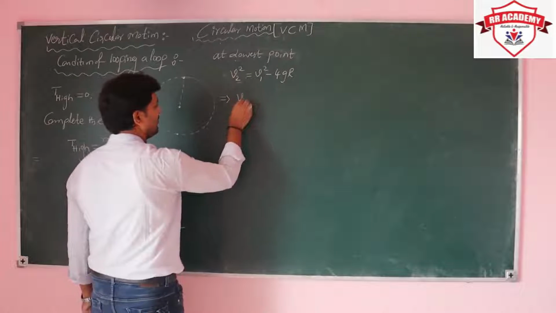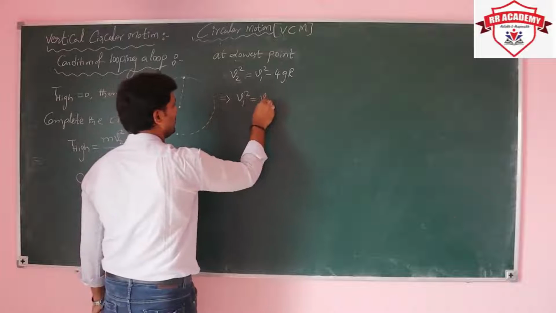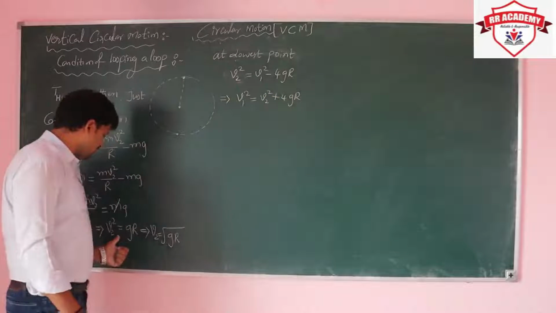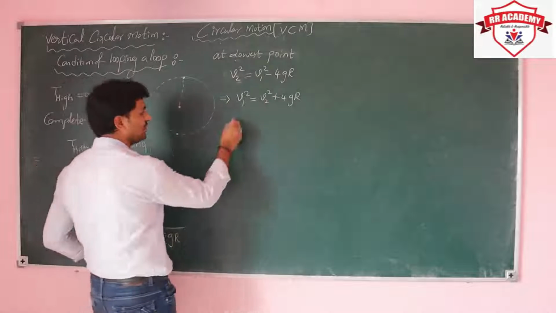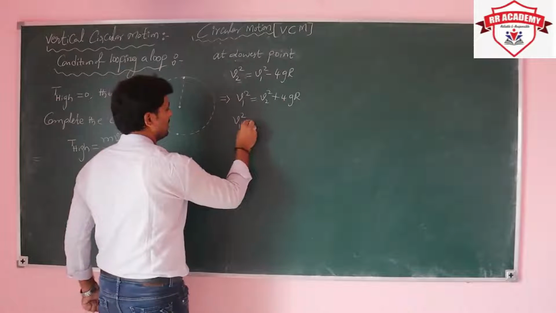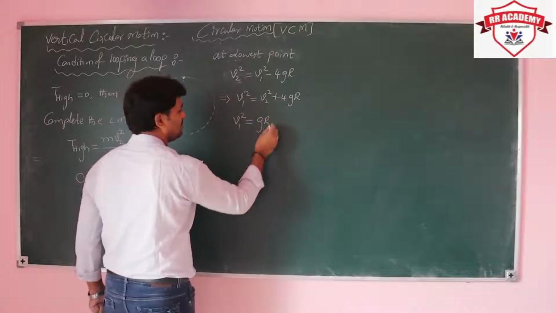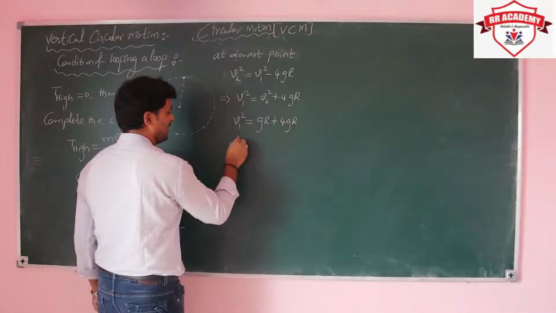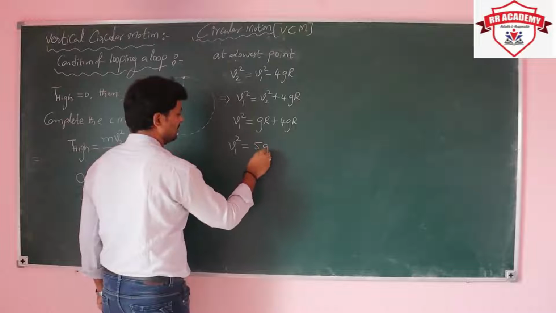Now you require v1 square. v1 square equals v2 square plus 4gr. Just put in the value of v2 square, which is gr. That means v1 square equals gr plus 4gr, so the value of v1 square is 5gr.